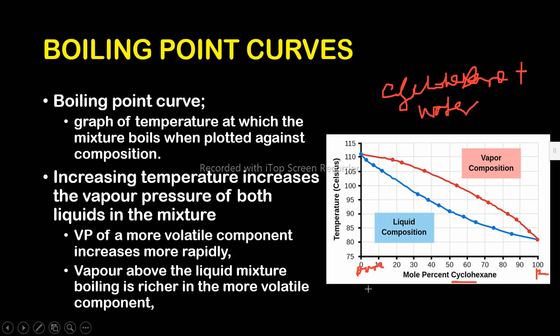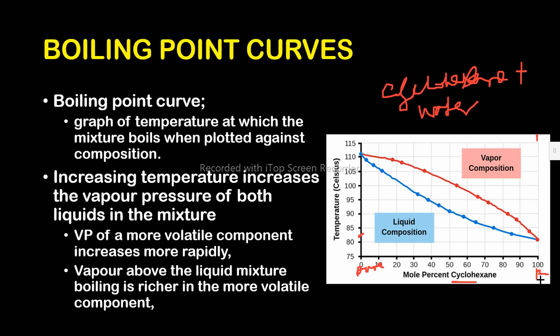As a result, you're going to get such a curve when you plot the different percentage compositions of the mixture of cyclohexane. But if you are plotting vapor pressure, then you find pure water is down and pure cyclohexane will be up.